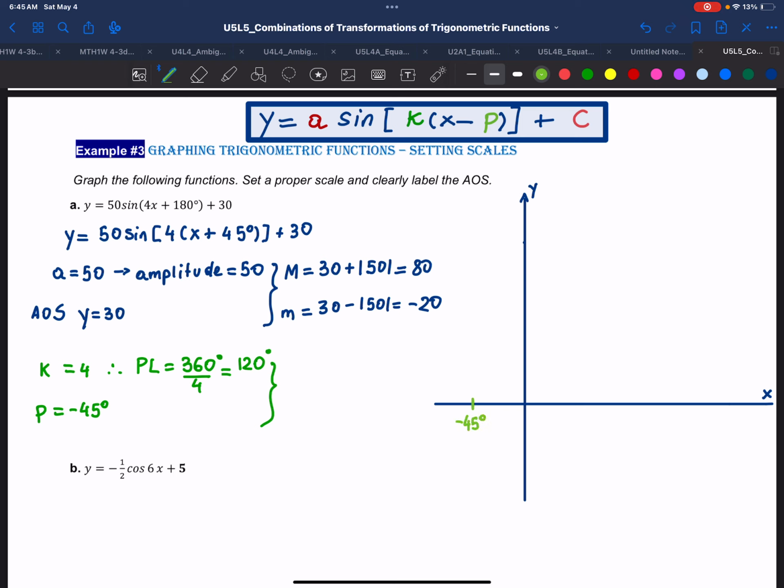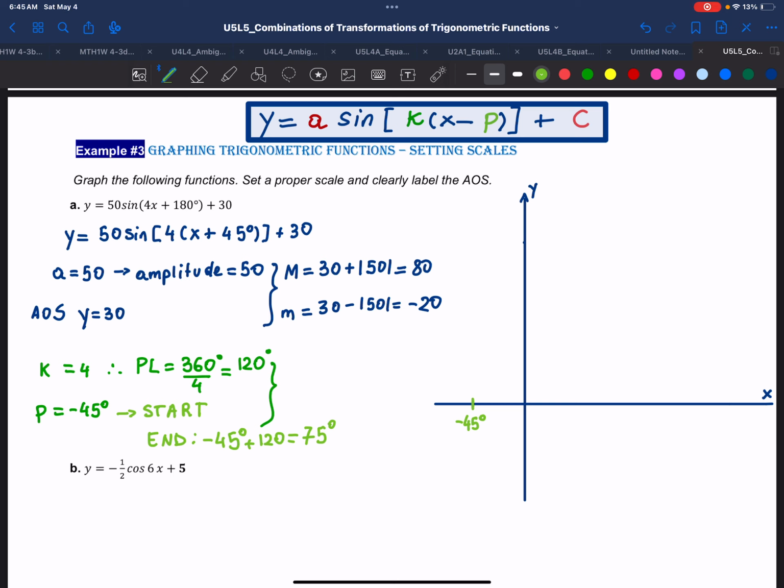Now, because we know that the cycle will be only 120 degrees, it means that the graph will start at negative 45 and it will end 120 degrees later, which means that from negative 45 degrees, we add 120, and negative 45 plus 120 will be 100 minus 25, so that's about 75 degrees.